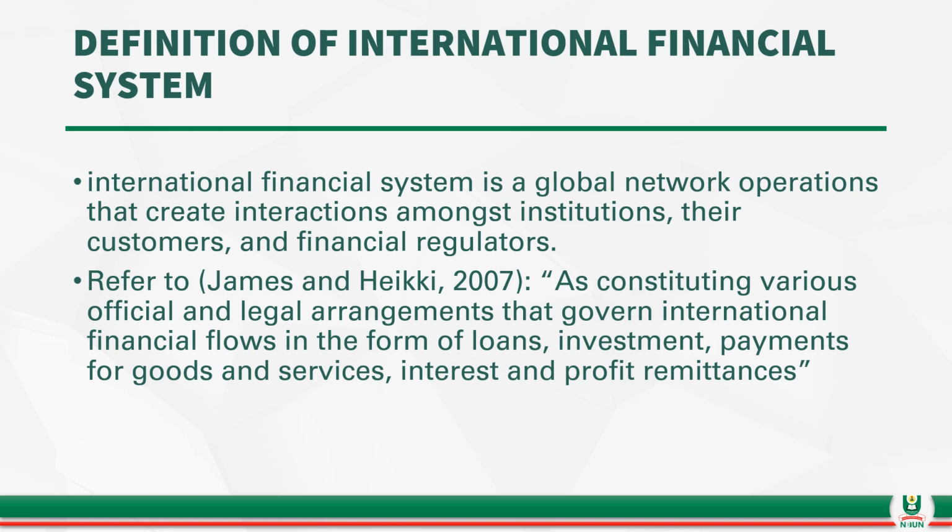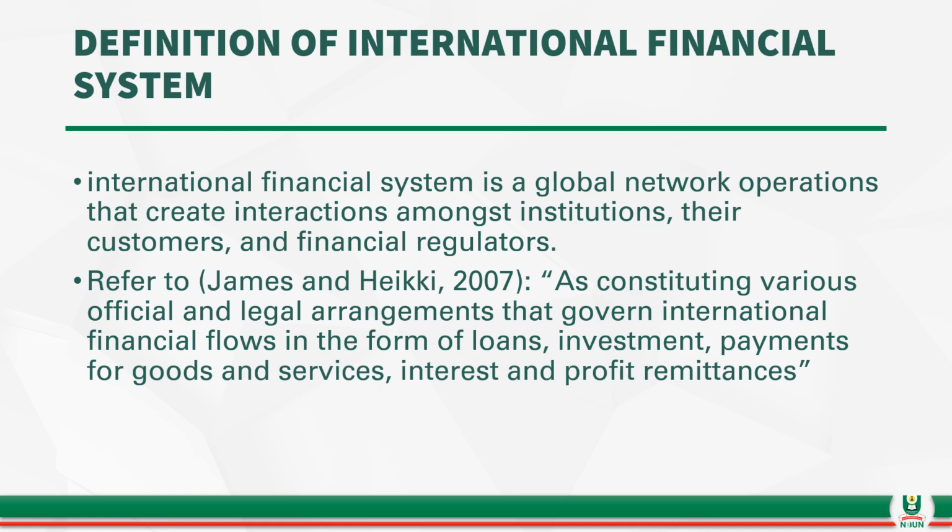Then, apart from the basic financial institutions that we have within an economy, which is peculiar to that economy of a nation, we have, in addition, the global look of the financial institutions, and we refer to it as the international financial system. The international financial system is a global network operation that creates interactions among institutions, their customers, and financial regulators.